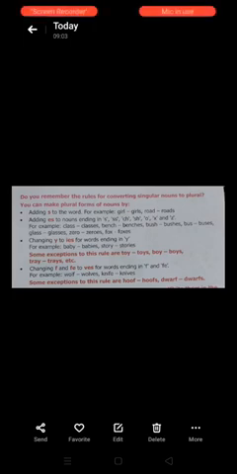Changing f and fe to ves for words ending in f and fe. Children, when any word ends with f or fe, to make the plural we use ves after replacing f or fe. For example, wolf, wolves, knife, knives.